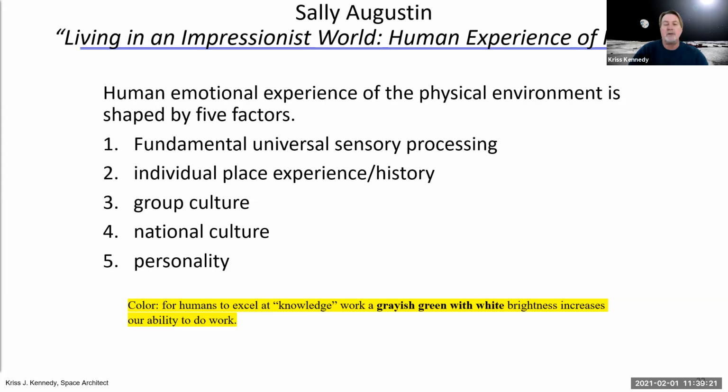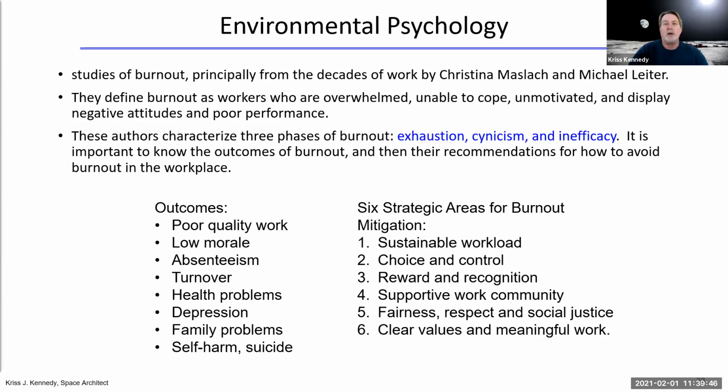And from the standpoint of color, for humans to excel at knowledge work, a grayish green with a white brightness increases our ability to do work. So color is an important aspect of the interior of spacecraft, or any interior, whether it's a home or an office or a building or a lunar habitat. So environmental psychology is important.